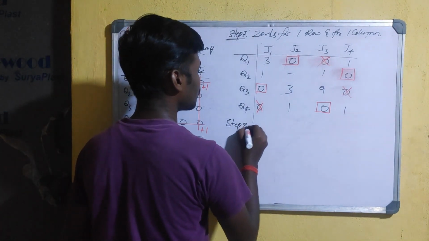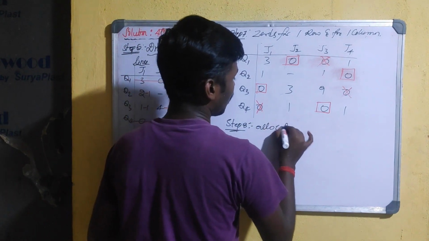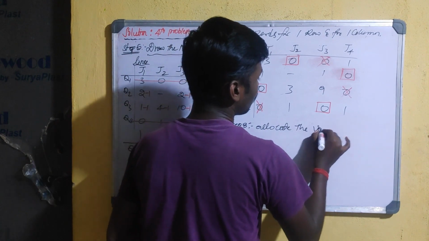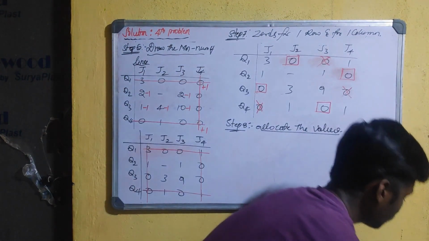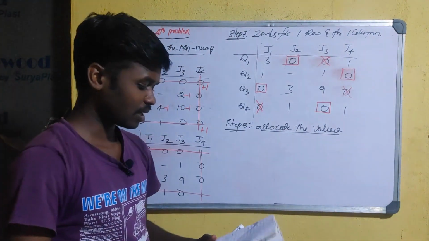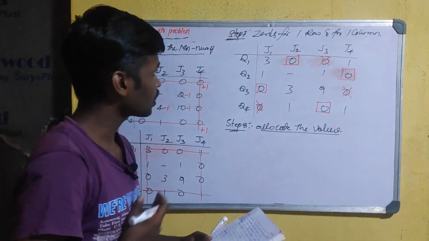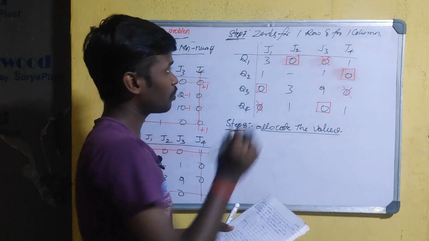Step number 8. Allocate the values to the zeros. See the problem in your book. Okay, so matrix given in the problem, that is, see the respective time in these places.